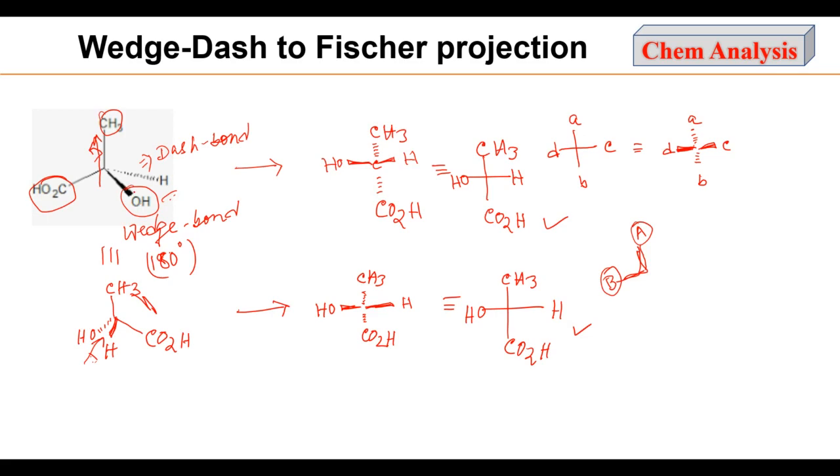Then the group which is above the plane in the Fischer projection will go on the left side, as we can see here. And if the in plane groups, that is methyl and CO2H, are oriented opposite of V shaped, since this is not V shaped, it is the opposite of V shaped.